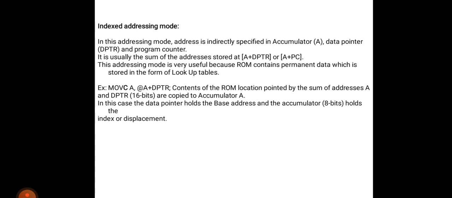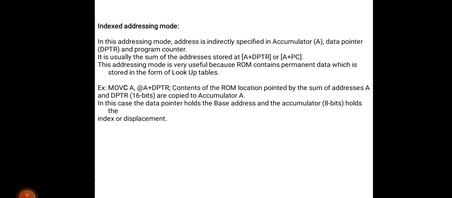This addressing mode is very useful because the ROM contains permanent data which is stored in the form of lookup tables. To access the lookup table, the addresses are given as a sum of contents of two registers, where one acts as a base and another acts as an index within the table. Also, this mode is used to access data from the code memory and is denoted by C in the instruction. Let's see with the example.